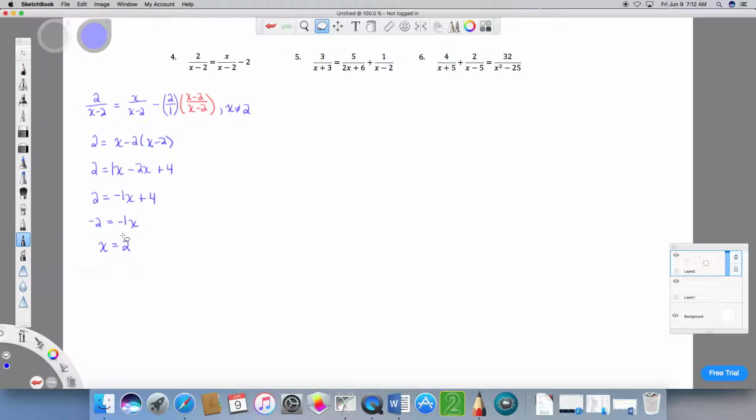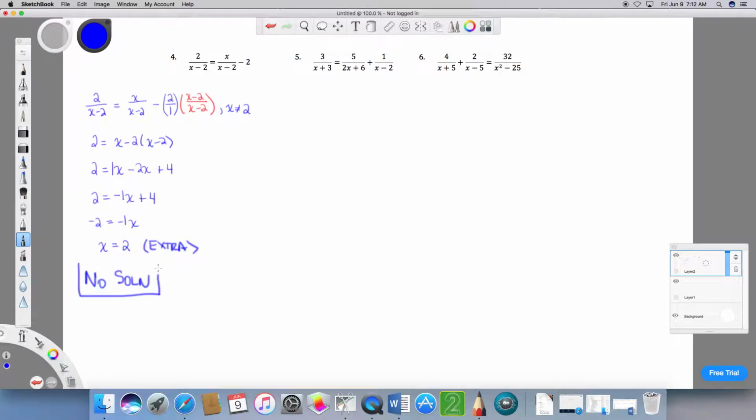So x equals 2 is a solution to this equation, 2 equals x minus 2 times quantity x minus 2. But it's not a solution to the original equation because it causes division by 0. So this is an extraneous solution. And our final answer, since that was the only candidate, is that this equation has no solution.